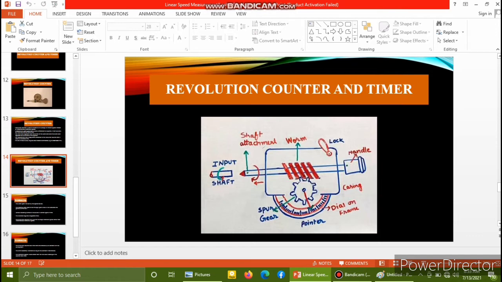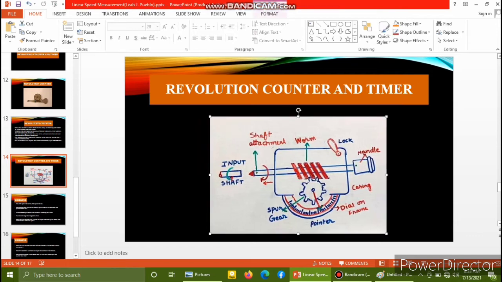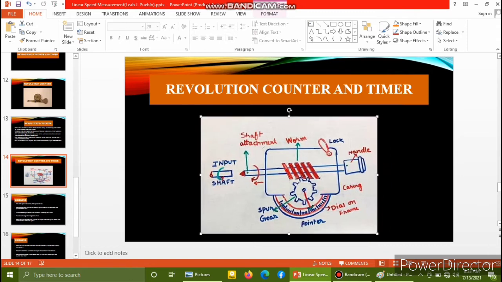This is the spur gear, and these are the pointers connected to the dial. This is the dial frame. This whole thing is the casing. We will discuss their functions.